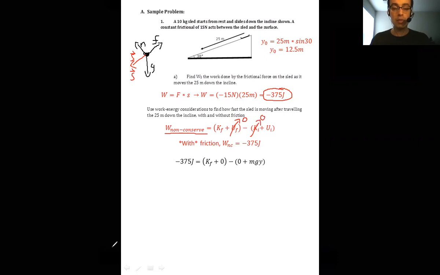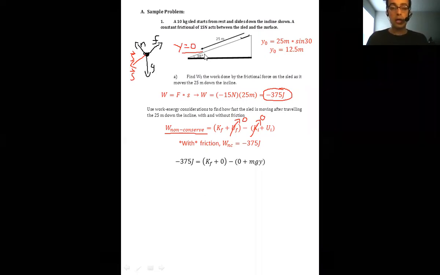Well, when it comes to the potential energy, because we have defined our y-coordinate, y equals 0, as being the point at which this sled has slid 25 meters down the slope, the y-coordinate when the sled reaches there is 0, meaning that the potential energy is 0.